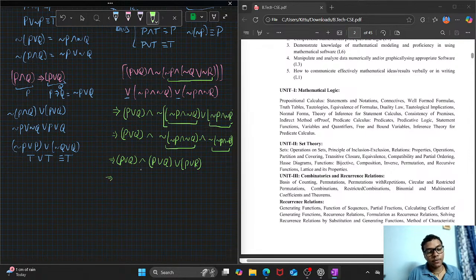And P or Q and P or Q is P or Q. Just writing the common term again. P or Q or P or R. Right. So that's basically P or Q or R. The first one is this. That's it, right?